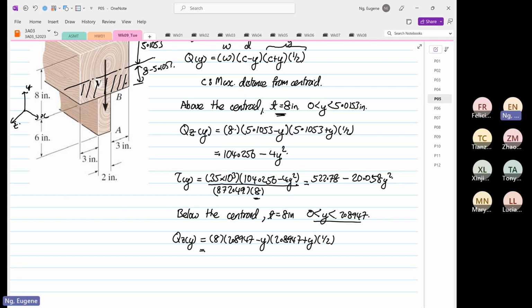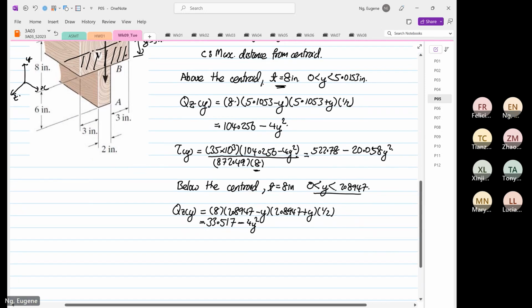So 8 times 2.8947 squared times 0.5 is equal to 33.517 minus 4y squared.